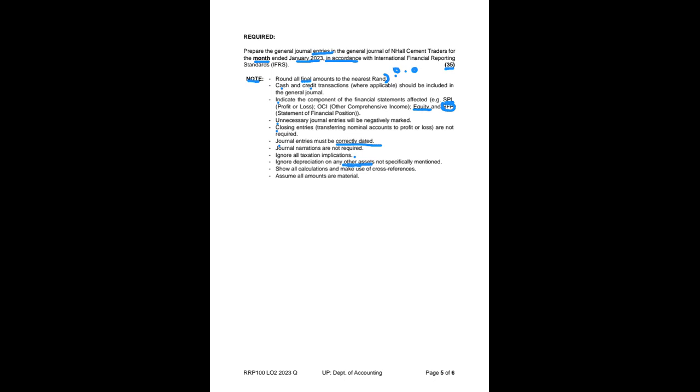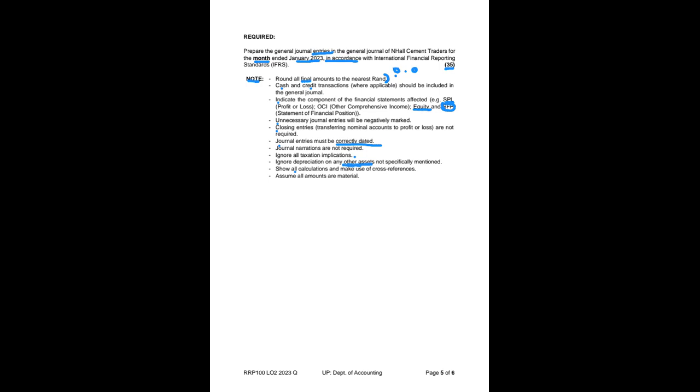The next one is show all calculations and use cross-referencing, right? So that we can match up the amounts to the calculations. And then finally, assume that all amounts are material. So now that we know what we need to do, so we need to process journal entries, we need to follow what is being said to us in the note before and during the process of processing our journal entries.